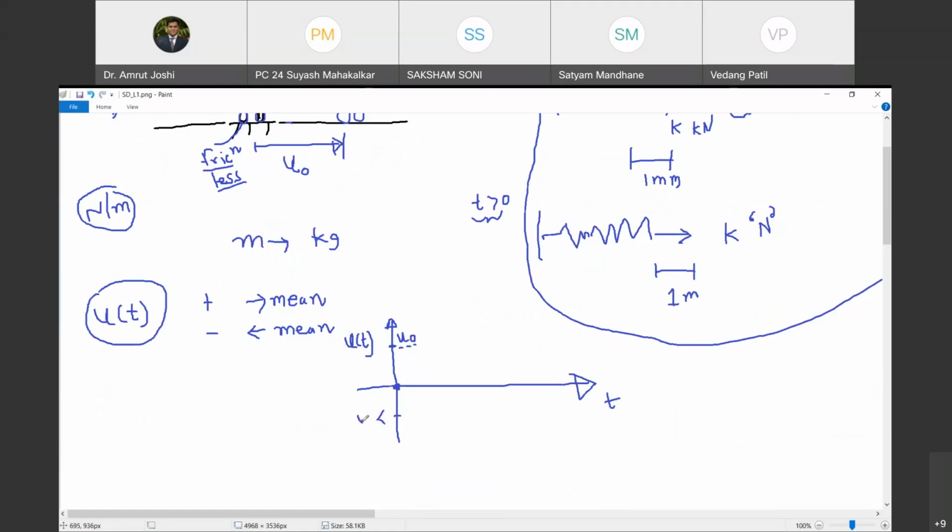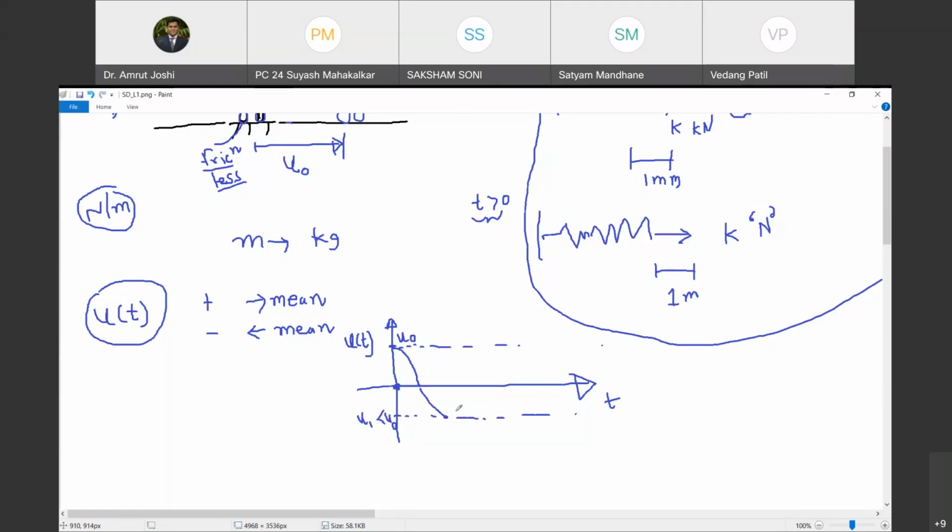Now I am going to draw these two lines. The block started from the position u0, then it came back to 0, and went to u1. Are you with me? Yes, sir.